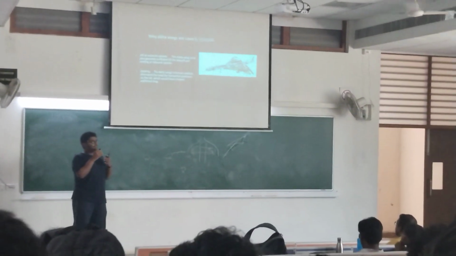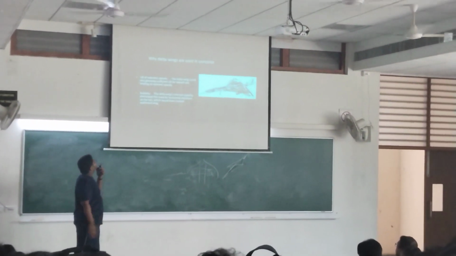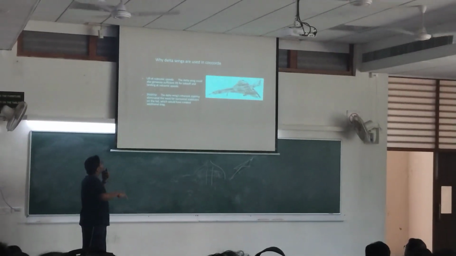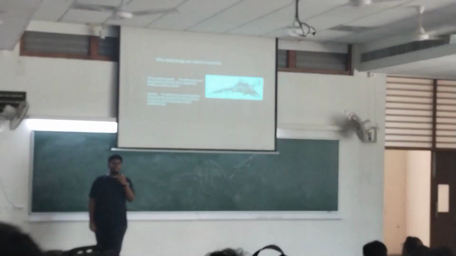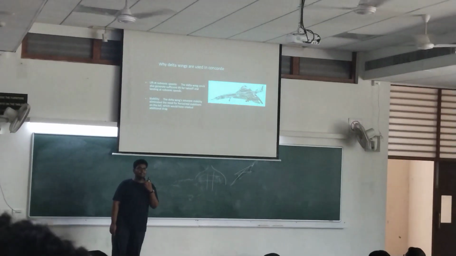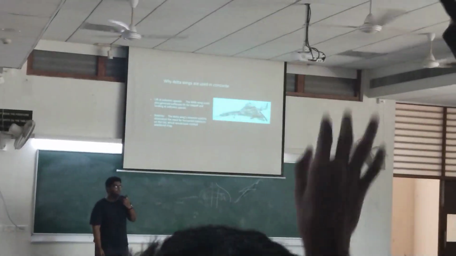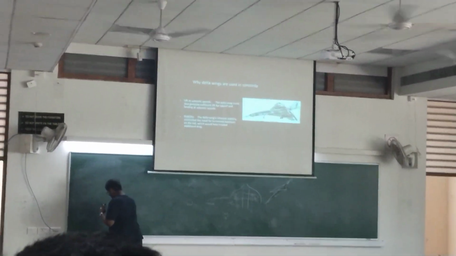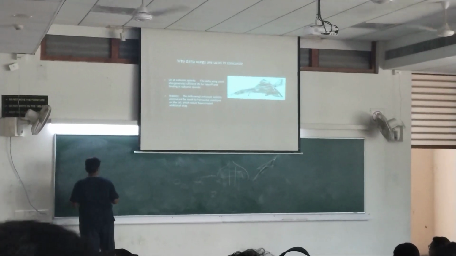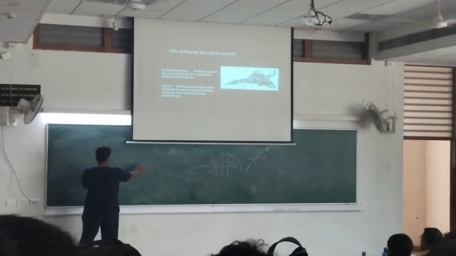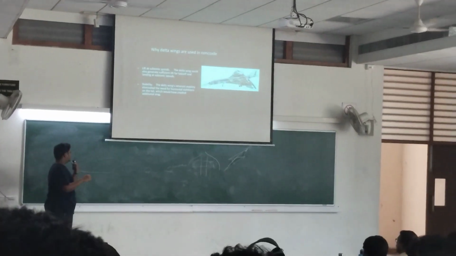That's what I told. We use delta wings in Concorde because generally, how many of you know how the wing of an aeroplane works? Let's assume this is the cross section of the wing.